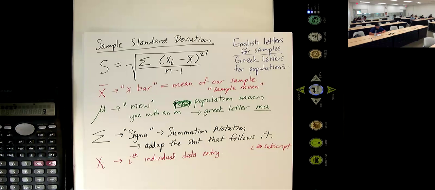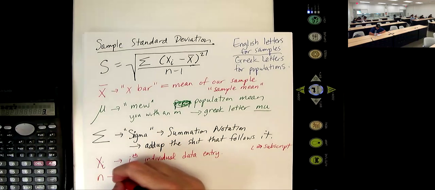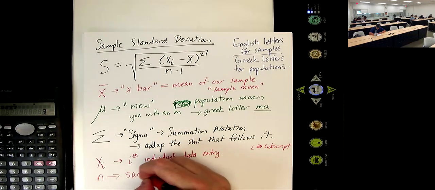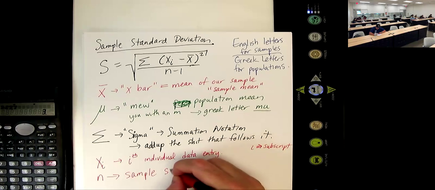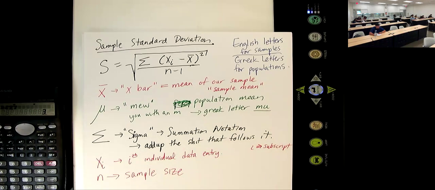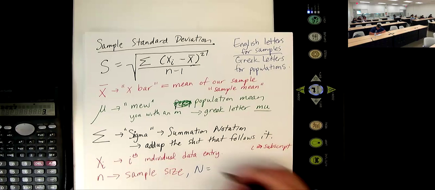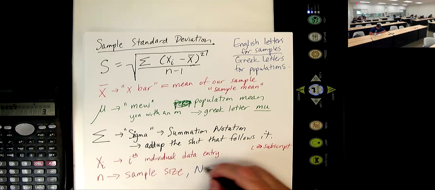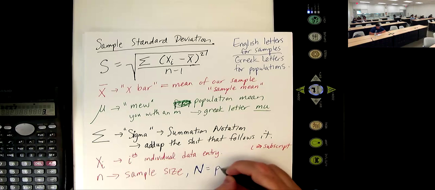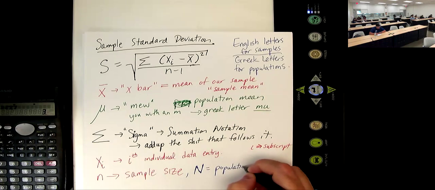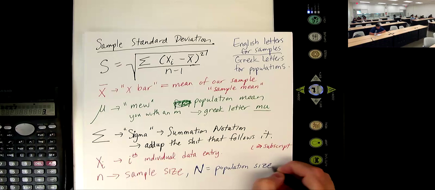And the only thing I haven't said is n. Lowercase n is always sample size, whereas capital N is population size. Unfortunately, for some reason, we didn't go for a Greek letter for this. I wish they had stayed consistent.